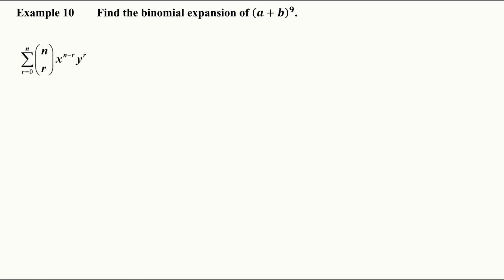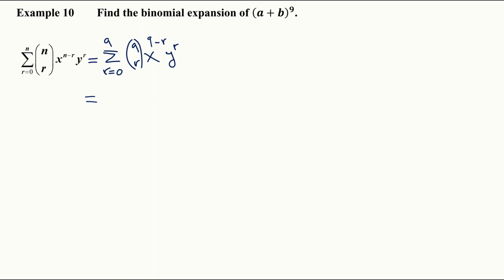So it's going to be the sum from r equals 0, in this case n is 9, so to 9, of 9 choose r times x to the 9 minus r, y to the r, like that. So go ahead and see if you can write that expansion out on your own completely.